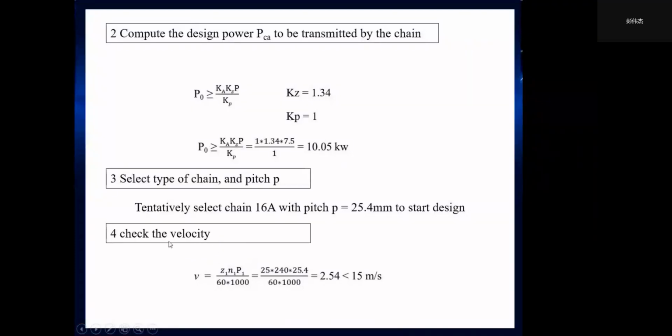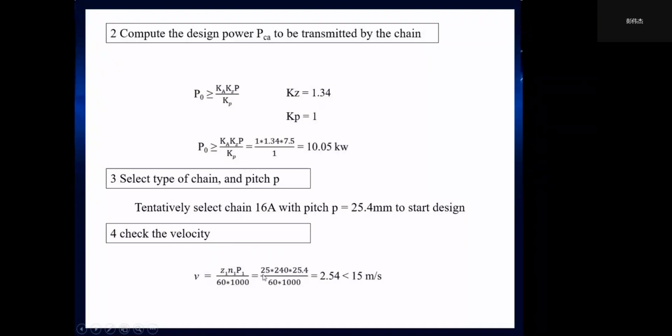And then we check the velocity v. The linear speed v is Z1 times N1 times P divided by 60 times 1000.